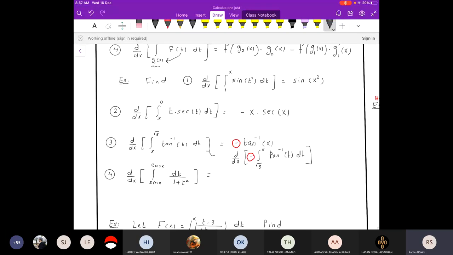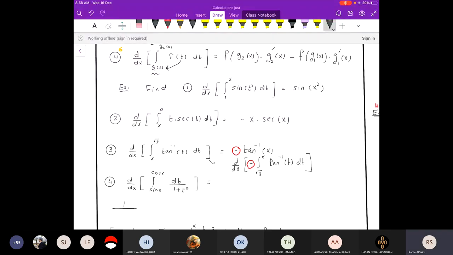d by dx of the integral from sin x to cosine x of dt over 1 plus t square. According to rule number 4 it equals: instead of t we substitute cosine x, times the derivative of cosine x. Again, this is g2 of x.